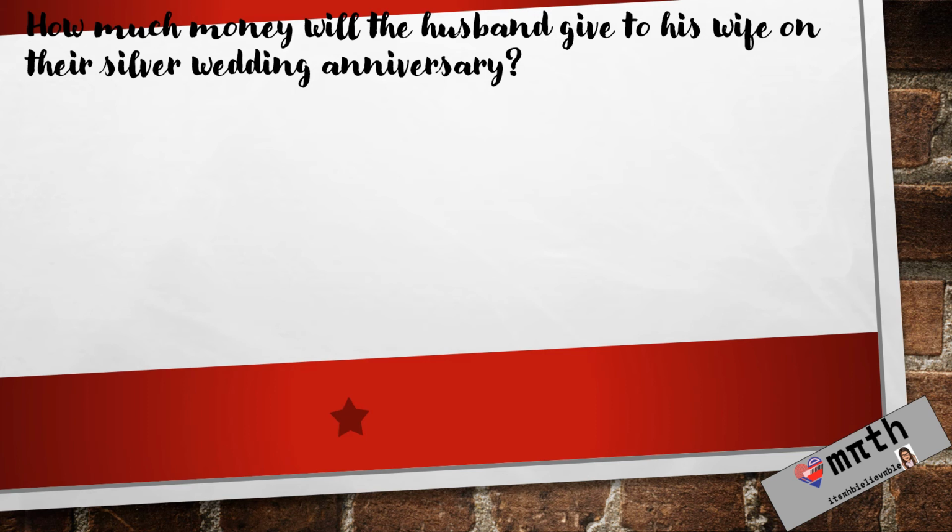So we're looking for the amount that the husband would give to his wife on the 25th wedding anniversary. We can simply illustrate the sequence as 300, 600, 1,200, 2,400 up to the 25th wedding anniversary, which is A sub 25.